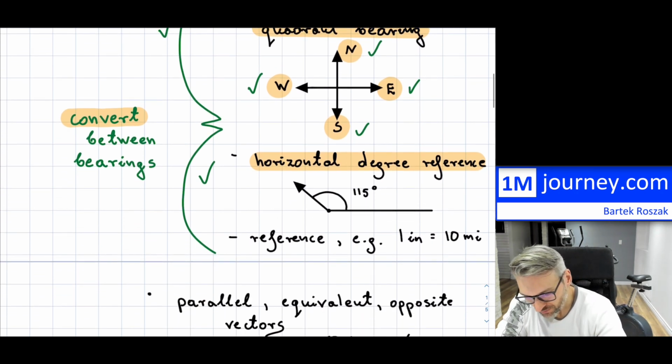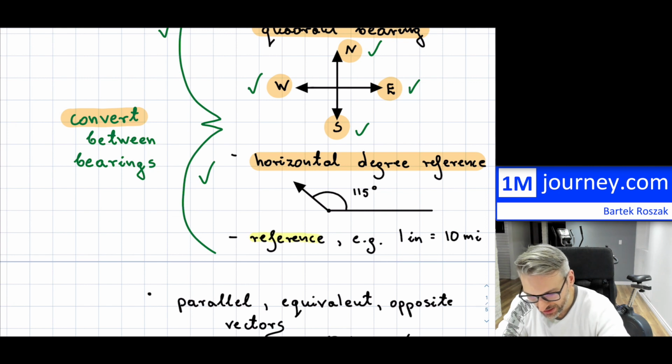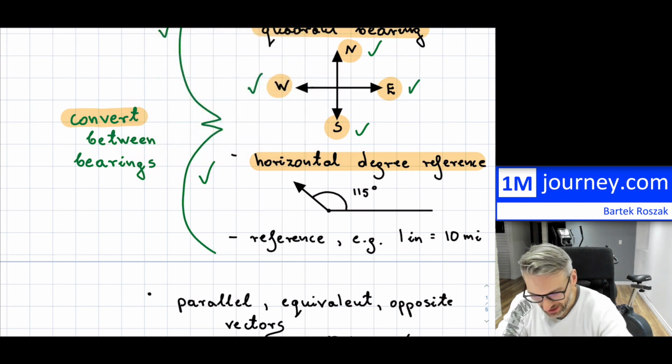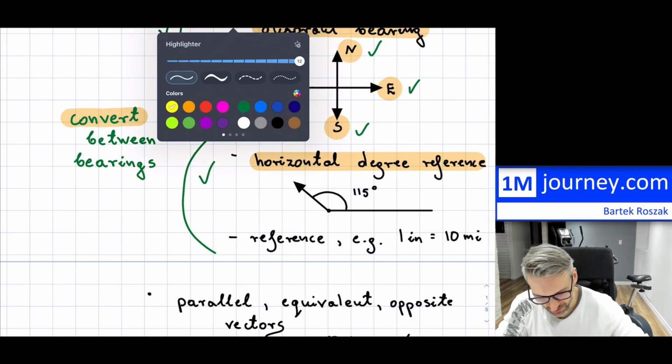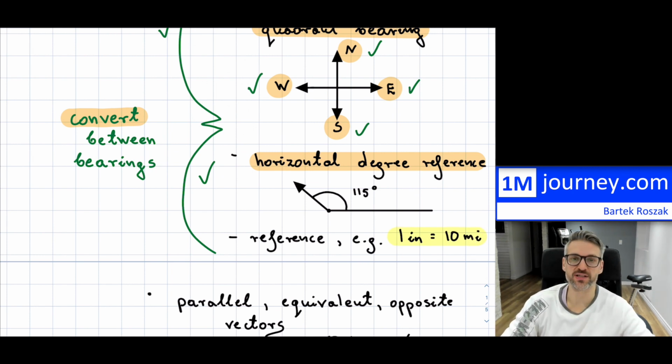Now, before I forget, there is a reference that we like to put when we draw these. It is almost like having a legend, when you are drawing out distances that are very long or vectors that have a very big magnitude.